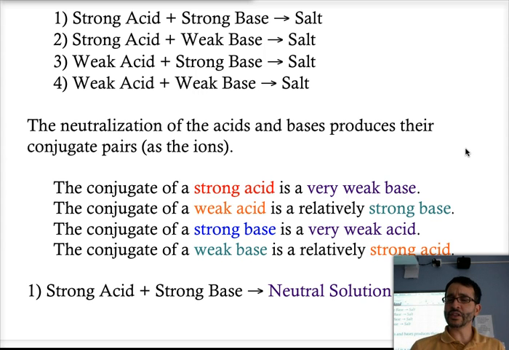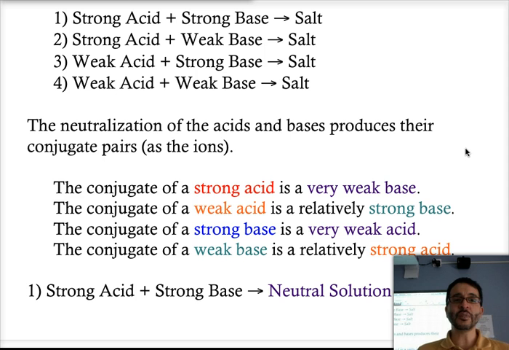It doesn't mean that it's really a strong base, it just means that it's strong enough to hydrolyze water and therefore affect the pH. The conjugate of a strong base is going to be a very weak conjugate acid, and therefore it cannot affect the pH. But the conjugate of a weak base is going to be relatively strong, and therefore the conjugate acid is going to be able to donate H+ into solution and affect the pH.